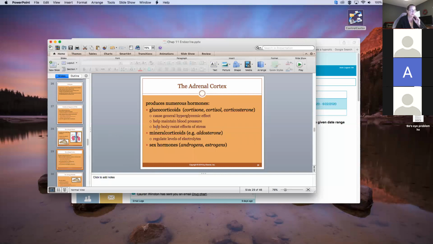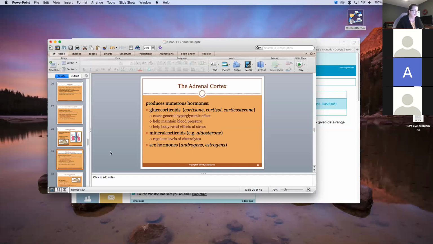So the cortex produces the corticoids, the primary one being cortisol, a glucocorticoid. The primary mineralocorticoid is aldosterone, which regulates electrolytes. The regulation of cortisol has a lot to do with stress. When I think of the adrenal gland, I think of stress. You have to have a functioning adrenal gland to maintain fight or flight.